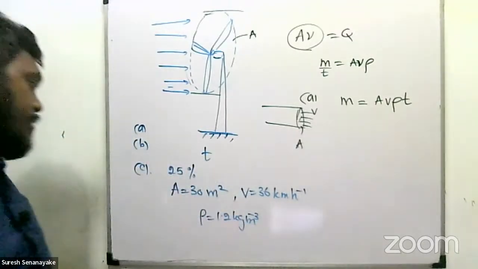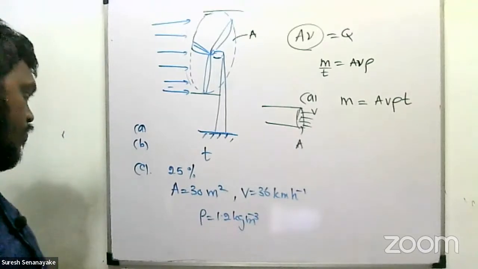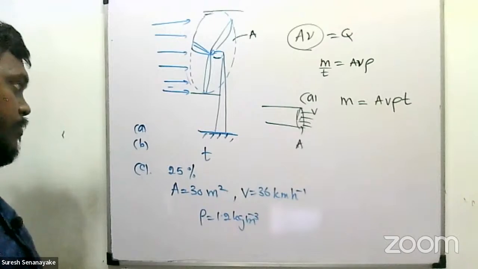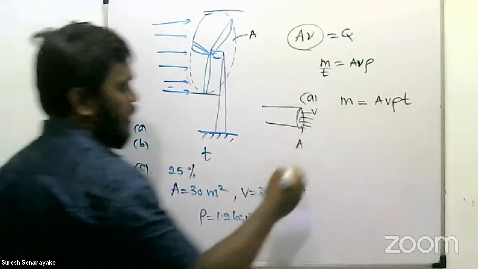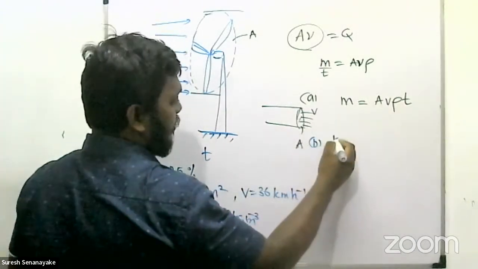And the second part is asking how much kinetic energy. The kinetic energy per unit time, that is KE per unit time, right?